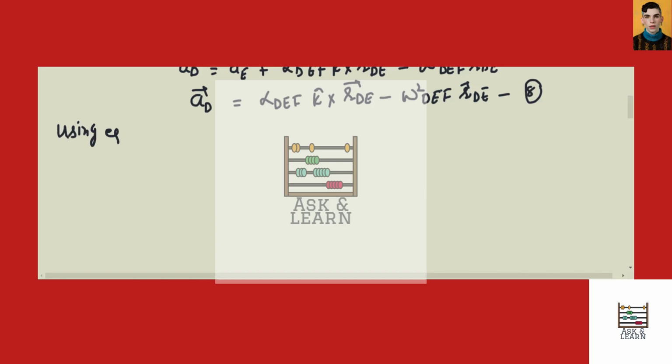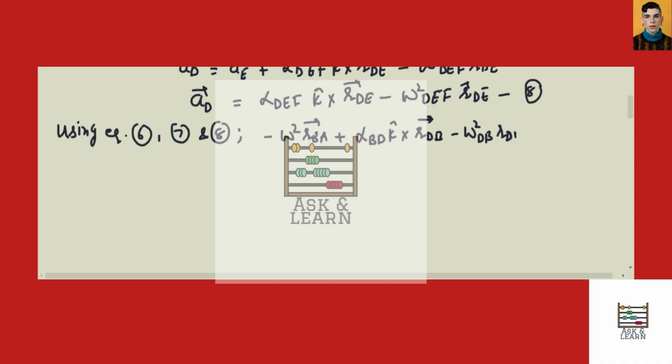using equations 6, 7 and 8, we can write minus omega square AB r_BA vector plus alpha BD k cap cross r_DB vector minus omega square BD r_DB vector equals alpha DEF k cross r_DE vector minus omega square DEF r_DE vector.